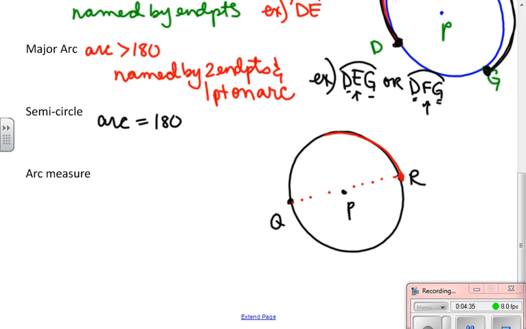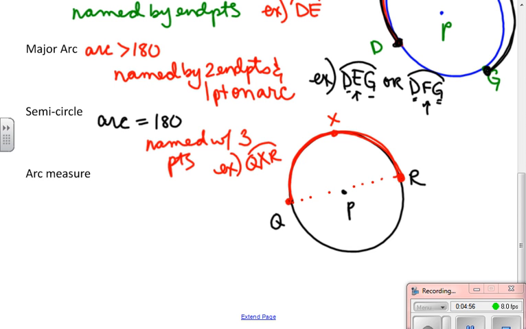It is the half circle arc right there. And that is also named with three points, like a major arc. So, for example, this would be arc QXR.